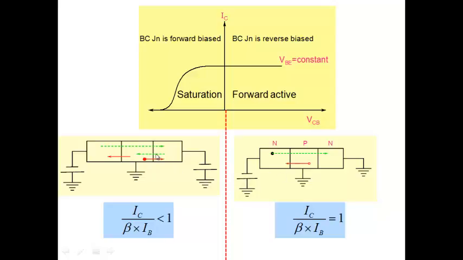Now we saw that collector base junction is different from base emitter junction. If you recall the structure of the transistor, we said the collector base area is much larger. The junction area is much larger. The dopings are different. So it turns out that collector base junction, even for 0.5, let's say, if the forward bias is 0.5, the current becomes significant. In this case, let's say if you need 0.7 volts for a current of 1 milliampere to flow, for a collector base junction, you may need 0.5, 0.55, or maybe 0.6 for current to flow.